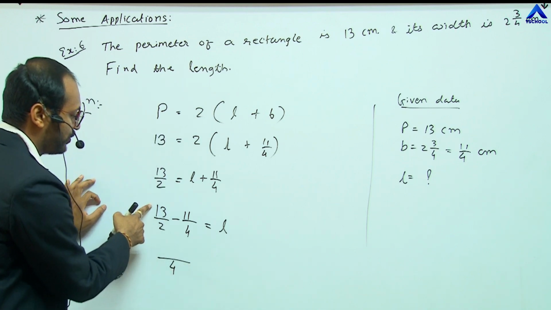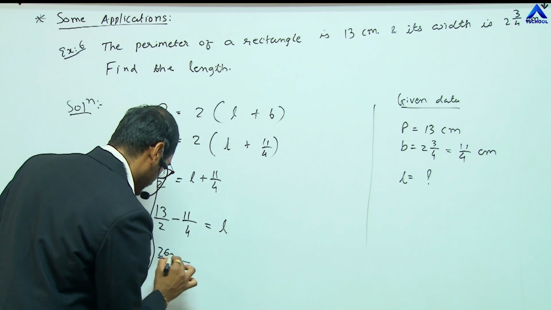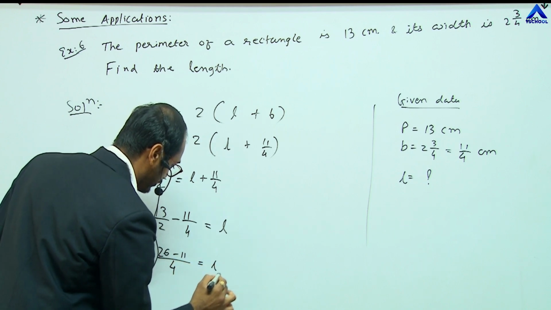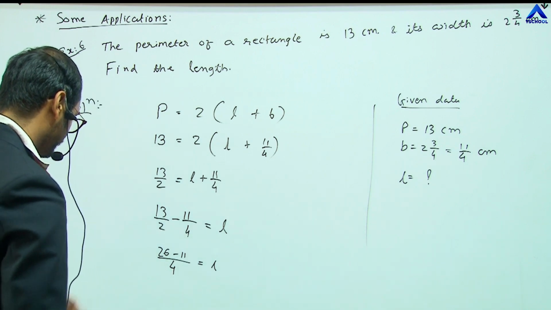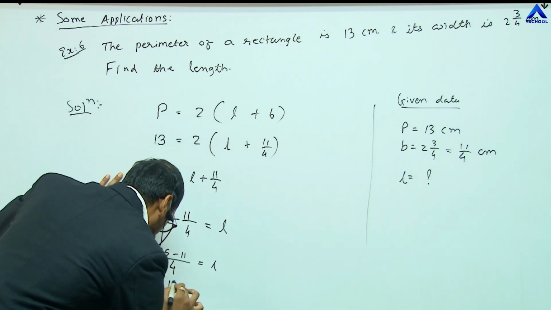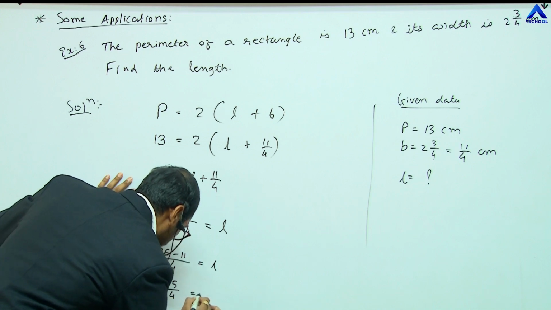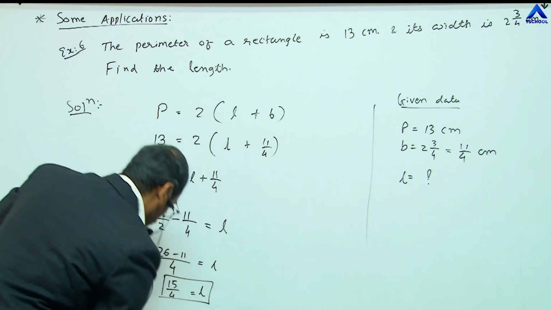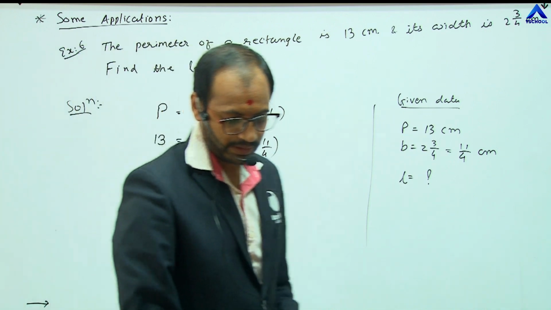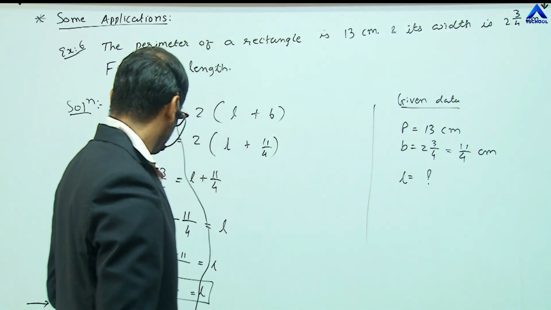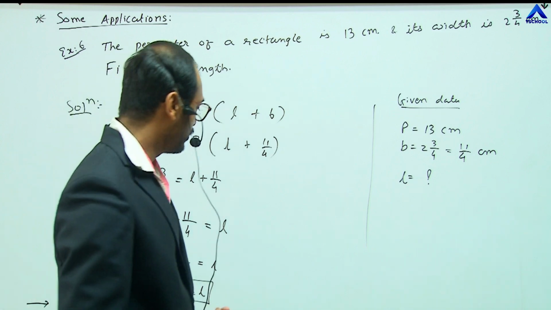And here 13 times 2 is 26, minus 11. So L is 15 by 4. That is our L. So the solution of the given equation is 15 by 4.